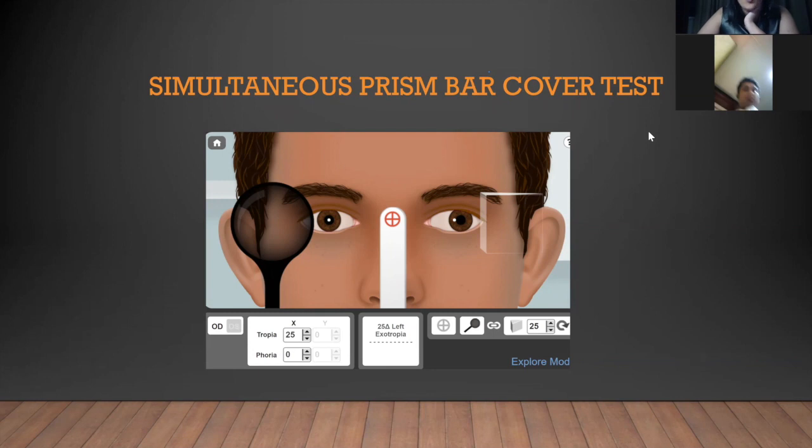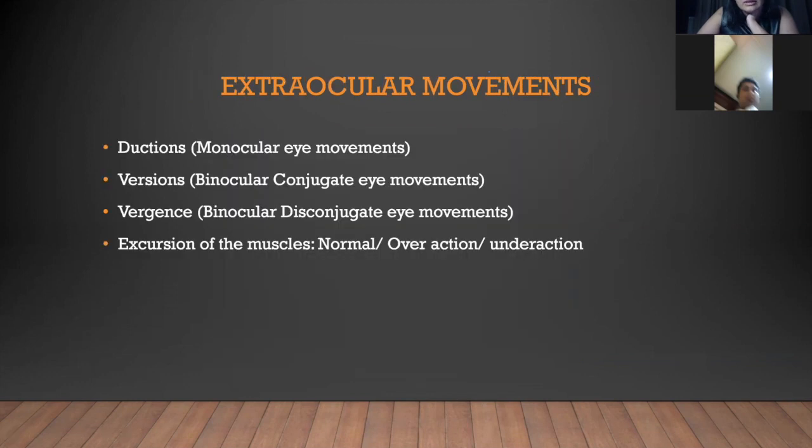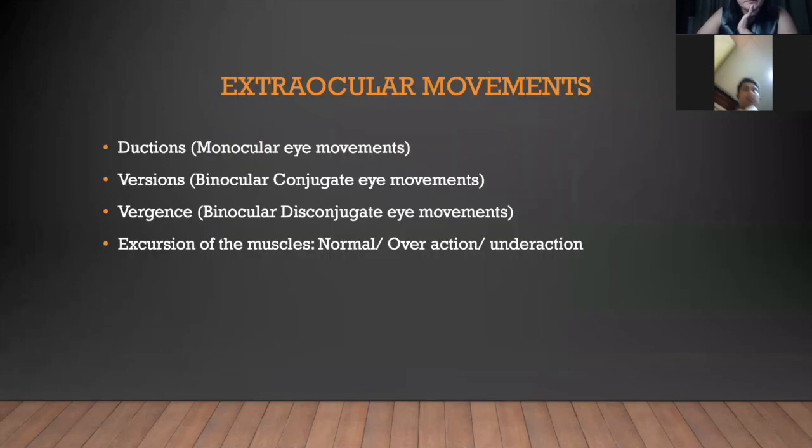However, this will give you only the tropia. If you use both together, you're going to see no movement at, say, 25 prism diopters, which will be your 25 SPCT. Normally it is used only for smaller amounts of squint, up to 10 prism diopters.